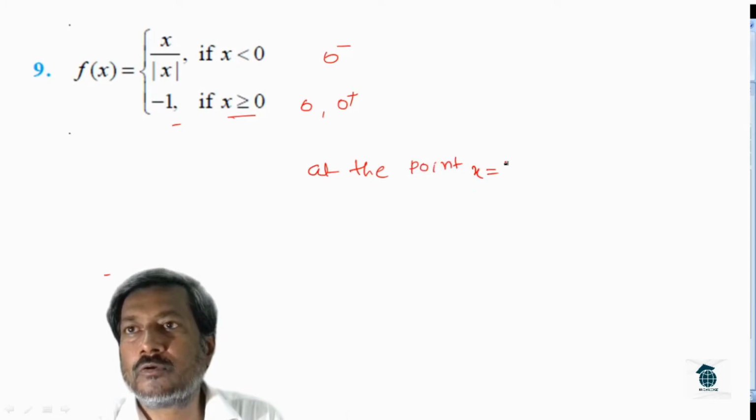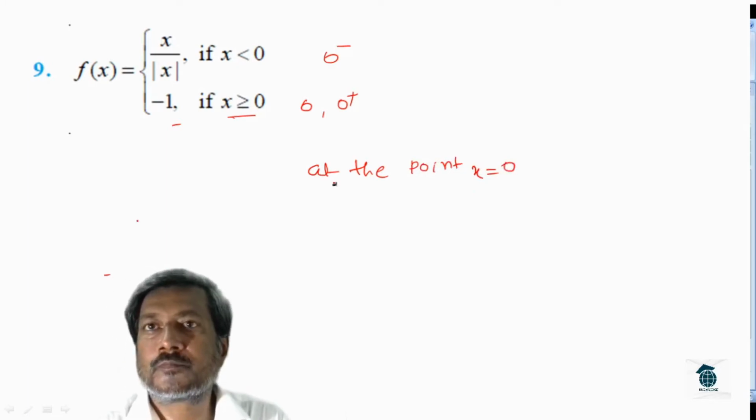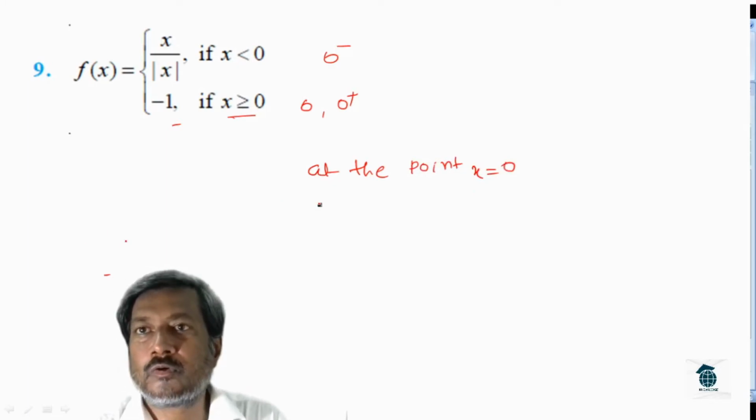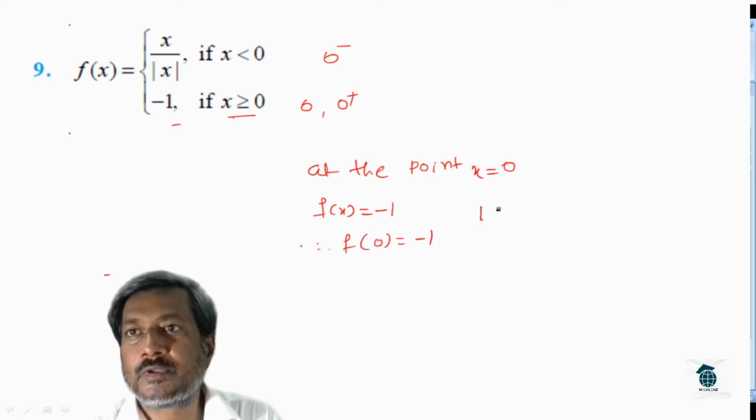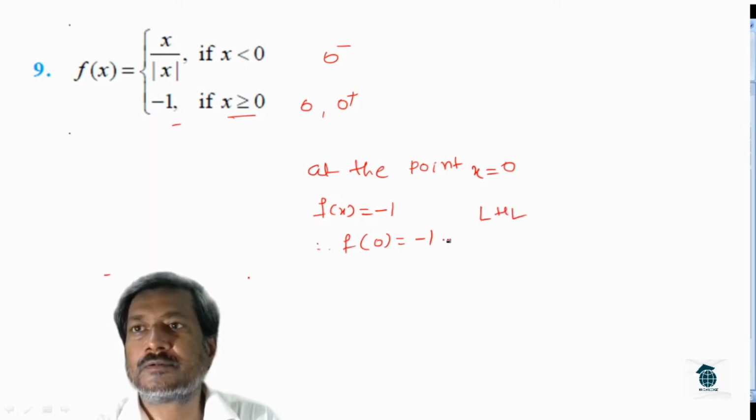At the point x equal to 0, f(x) is given as minus 1. Therefore f(0) equal to minus 1. LHL, limit x tends to 0 minus.